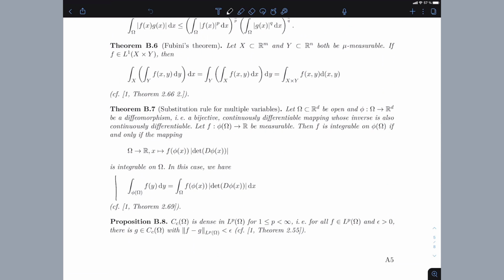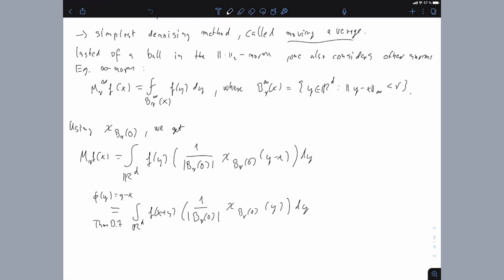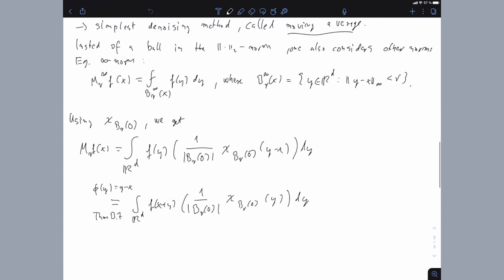So this is essentially what the substitution rule looks like. You have your change of variables, and you need to scale by the absolute value of the determinant of the Jacobian. And since this is just a shift, that is 1. Okay. We will need this change of variables frequently, so it would be good if you recall this.